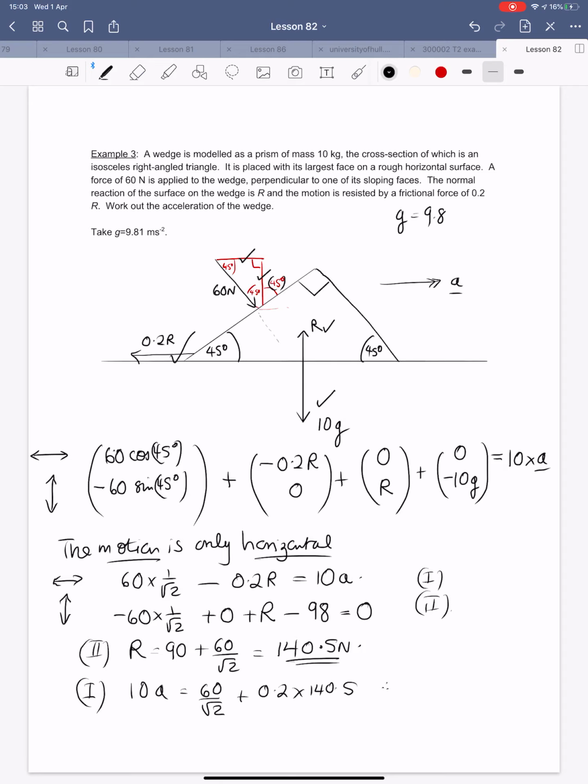And when you work all that out, I'm just checking I've got the numbers right here. 10A is 60, minus, sorry, I'm just checking my signs here. 10A is 60, sorry, that should be a minus there, not a plus.